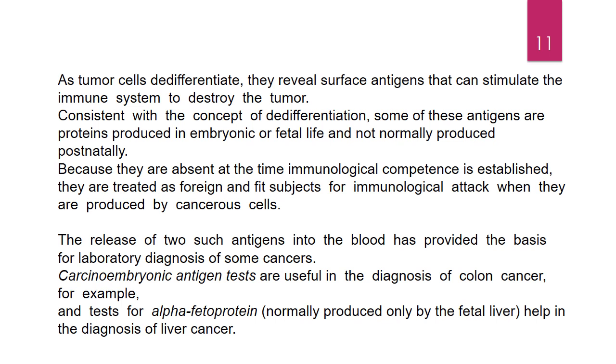Consistent with the concept of differentiation, some of these antigens are proteins produced in embryonic or fetal life and not normally produced postnatally. Because they are absent at the time immunological competence is established, they are treated as foreign and fit subjects for immunological attack when they are produced by cancerous cells.